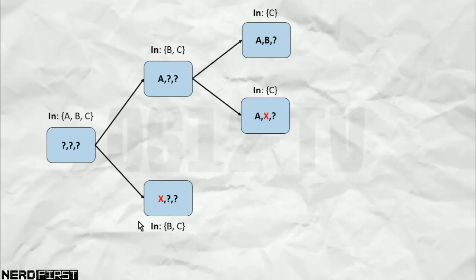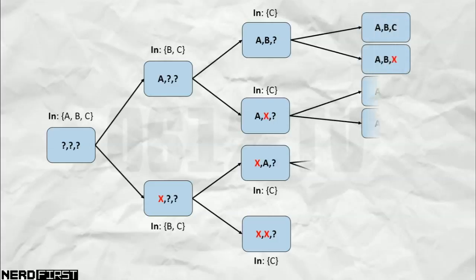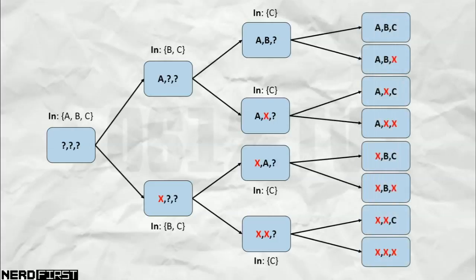Let's try this one last time with this recursive call down here. Again, on item B, switch on, switch off. Because these are recursive calls, no matter how many input items there are, we will be able to generate a full list of every possible combination of A, B, and C.